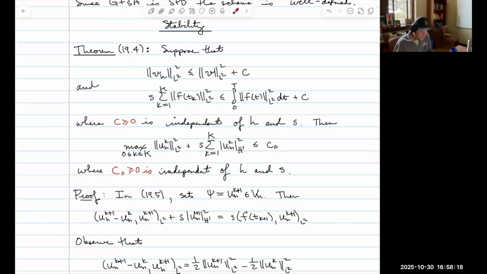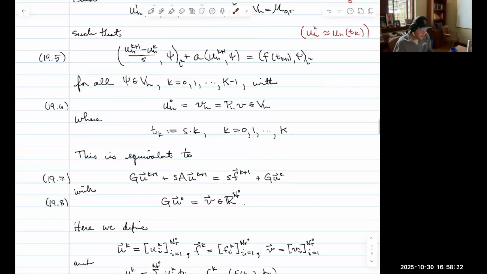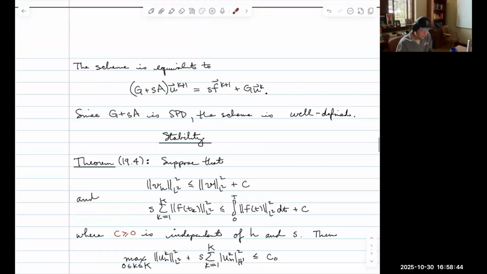The easiest thing to do is use 19.5. 19.5 is the definition of the Backward-Euler-Galerkin method using the weak formulation approach. And what I'm going to do is, since I'm allowed to take psi to be any finite element function, I'm going to take that to be equal to UHK plus 1.